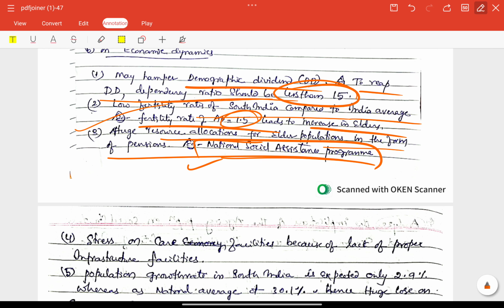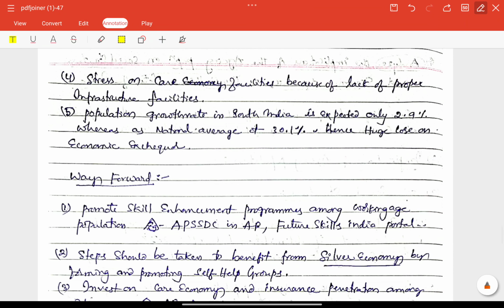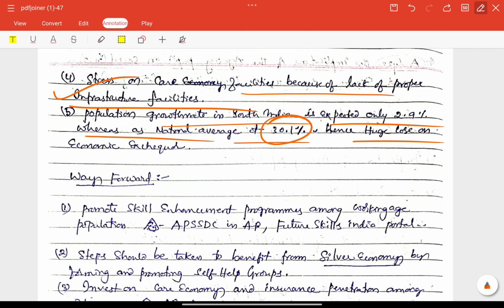National Social Assistance Program also included. Very good. So next, stress on care facilities because of lack of proper infrastructure facilities. Population growth rate in South India is expected only 2.9%, whereas national average is 30.4%, hence huge loss on economic exchequer also, right?